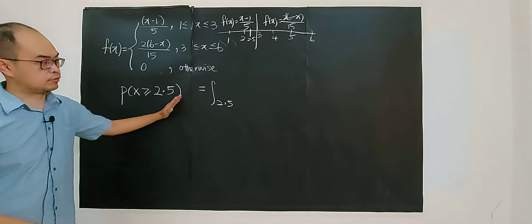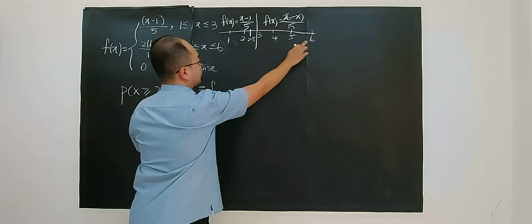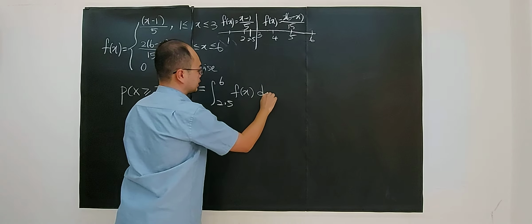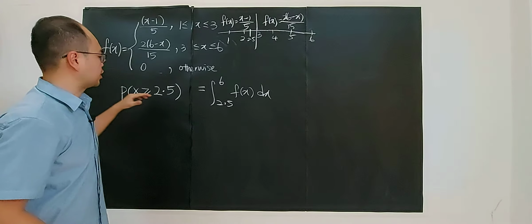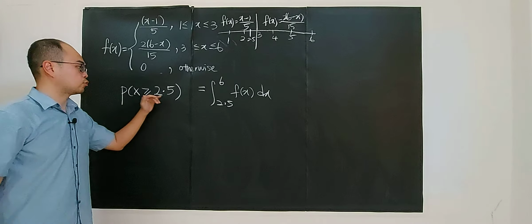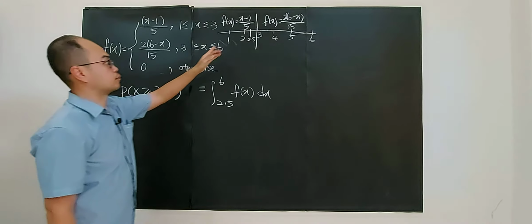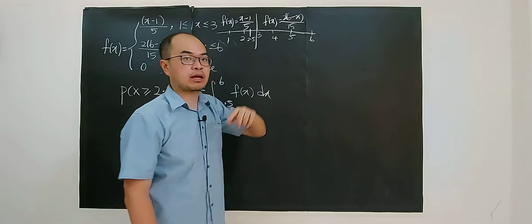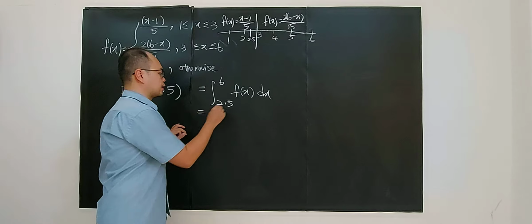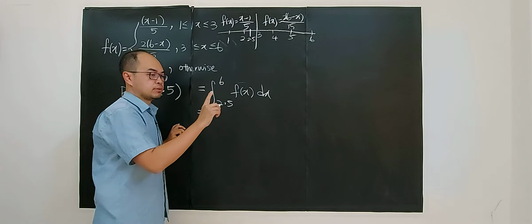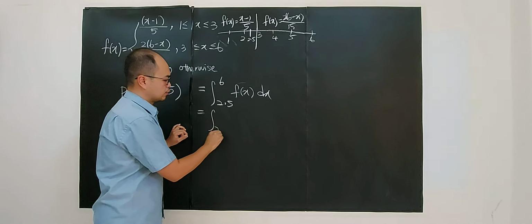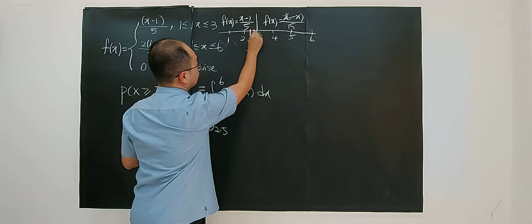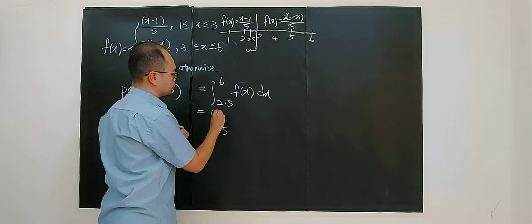It means integrate from 2.5 up to 6 of f(x) dx. But you have to be careful that even though this f(x) is different for different intervals, from 2.5 up to 3, the function will be the one up to 3.